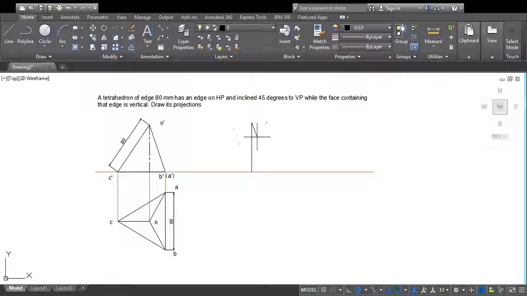Then you have to measure this angle, which is 71 degrees, and the length here. So 69 mm at 71 degrees. Now you have to draw from here a 71 degrees, 69 mm long line.